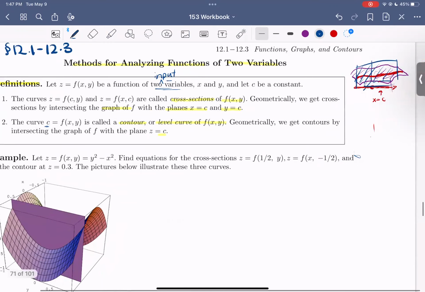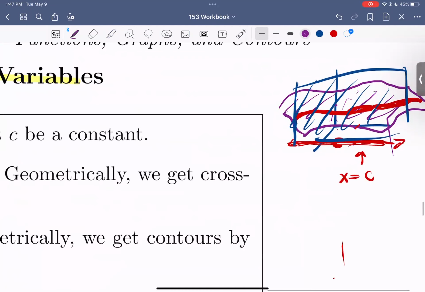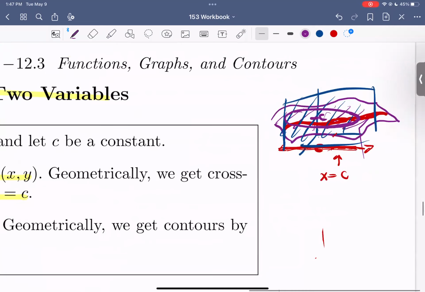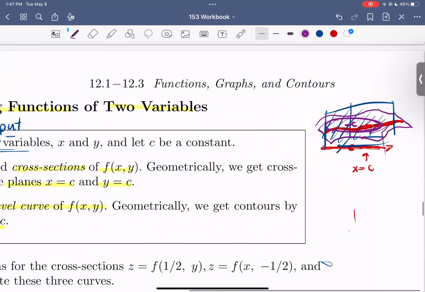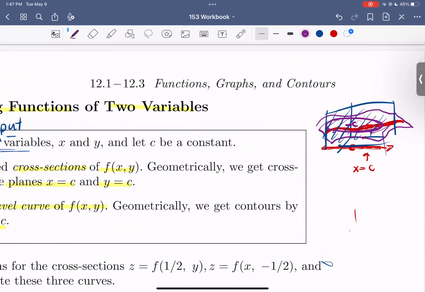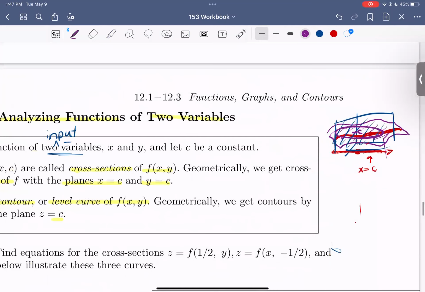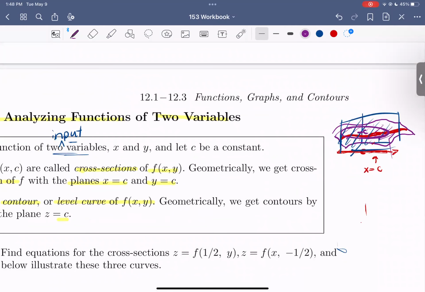Meaning we take our surface and look at what x and y values all occur at some fixed z value. You might have seen this in a topographical map, where you see curves that represent different elevations. Those are exactly contour curves or level curves.